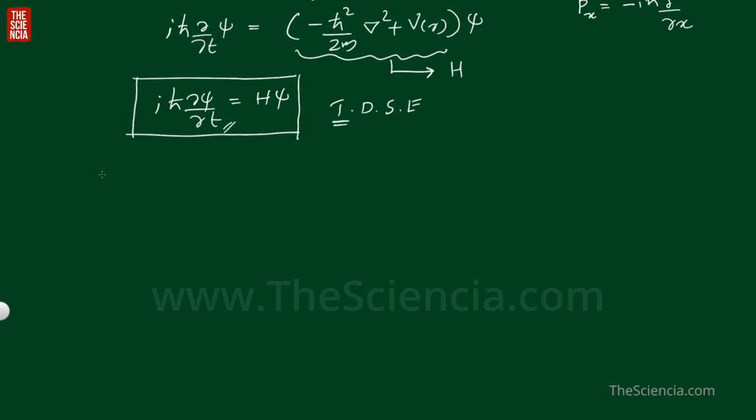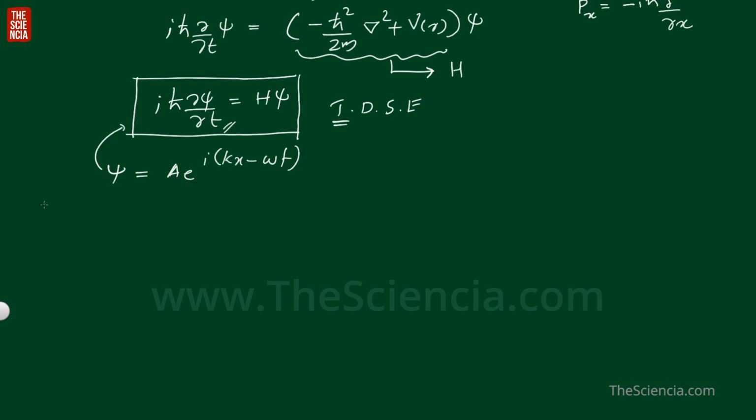Now I am going to consider a general wave function psi equal to A e raised to i(kx minus omega t). We can substitute this in the time dependent Schrodinger equation.